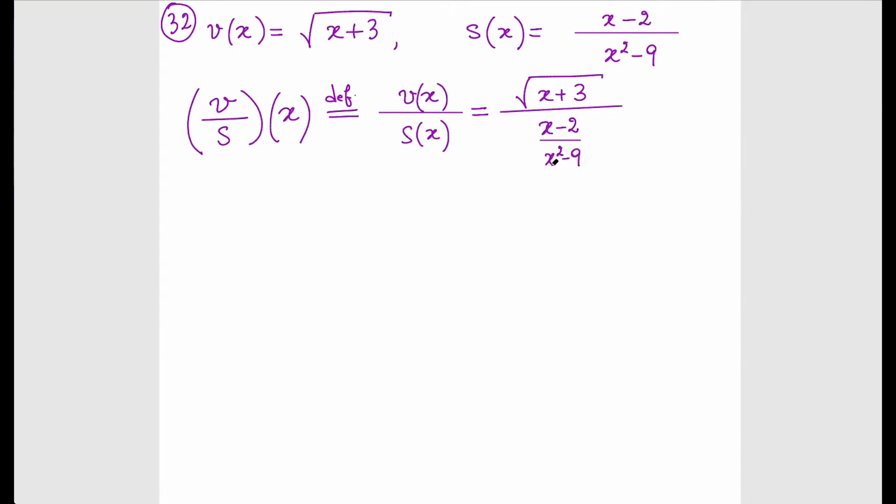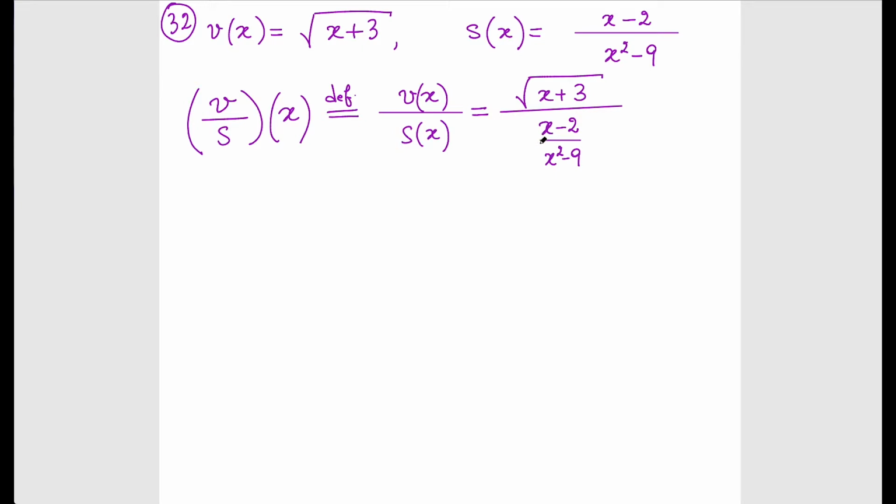Okay? Let's be very, very clear. Who's the numerator in this quotient? The numerator is this guy, right? That's the numerator. And who's the denominator? It's S of X. So the entire thing here is the denominator, right?